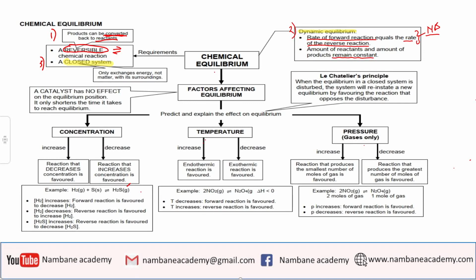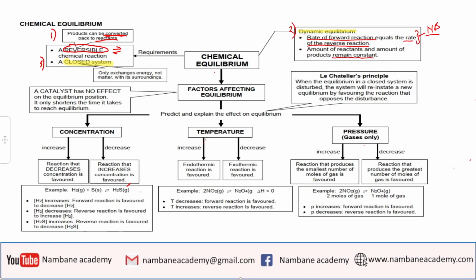A closed system is a system that only exchanges energy, not matter, with its surroundings. You will see I've added another slide here so that you can understand how this closed system influences the equilibrium itself.